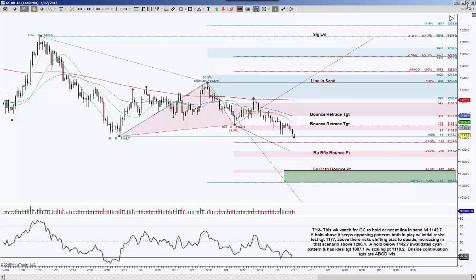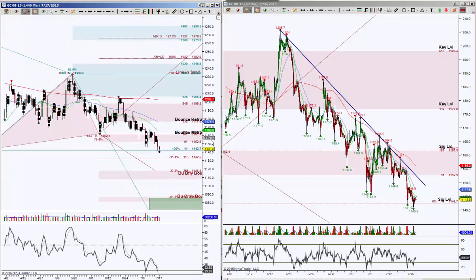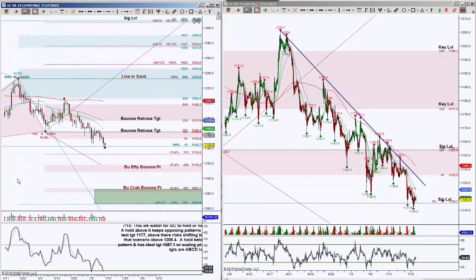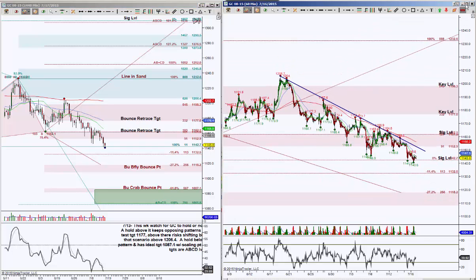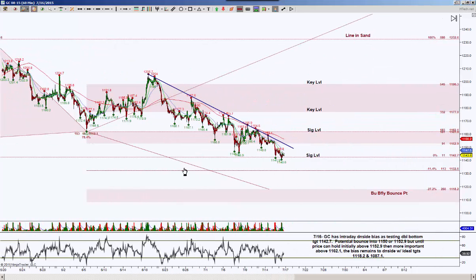Now let's look at the intraday chart and see if we have some kind of correlation here of what we're looking at. So let's expand this first. The intraday chart, this is an hour chart, is also in a downside bias, right? And here's that significant level here.